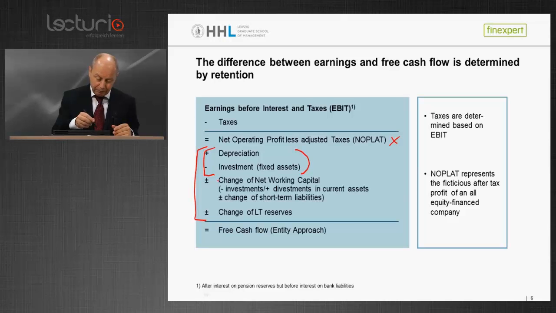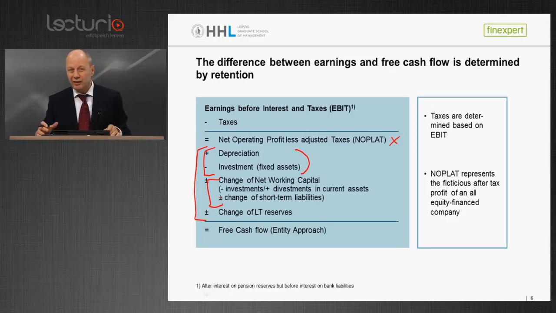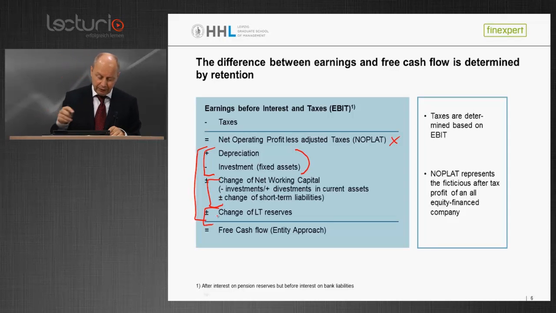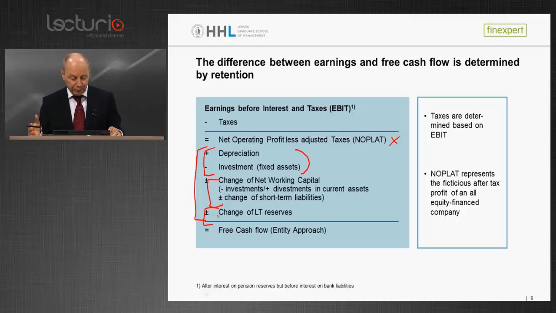And the second part of our wedge between earnings and free cash flows is the delta net working capital, which is to be interpreted as the net investment of debt and equity holders into current assets. And finally, here we have our delta in the long-term reserves. That is simply the correction for another wedge between accounting figures and free cash flows.